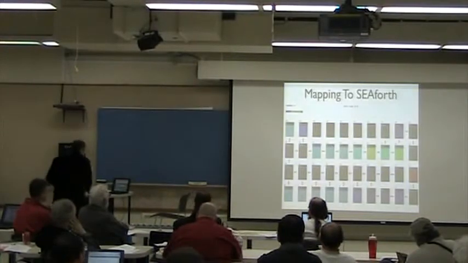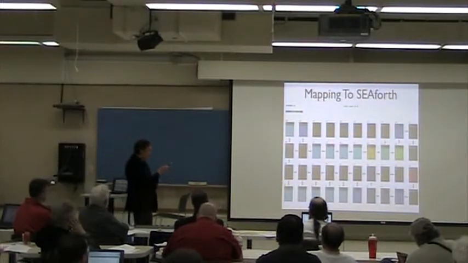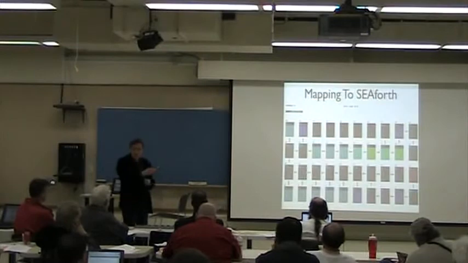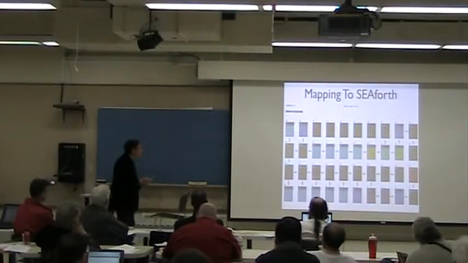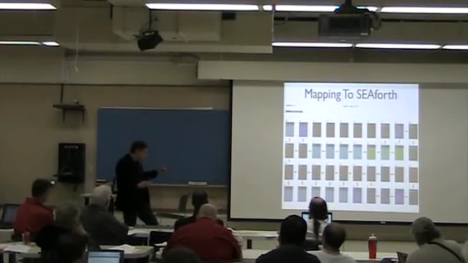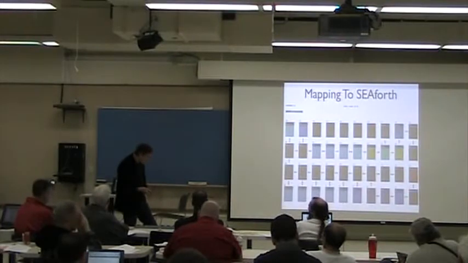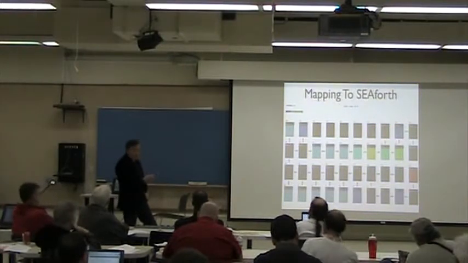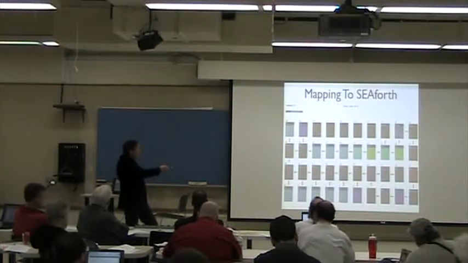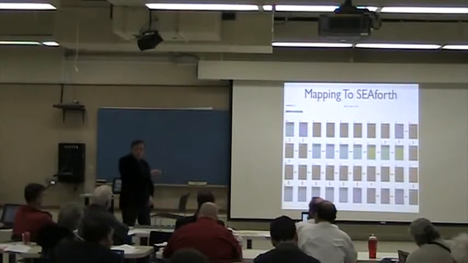Okay, and this is how we map it to the SEAforth. This is a very interesting slide because I didn't draw it myself. We just ran the simulation in the VentureForth simulator, and read the statistics of how many clocks each core is active, and how the cores communicate with each other.